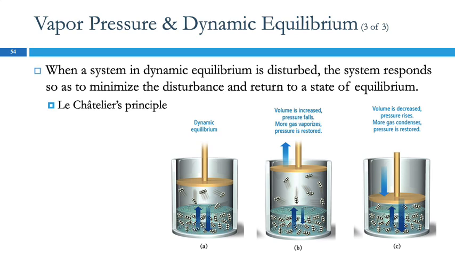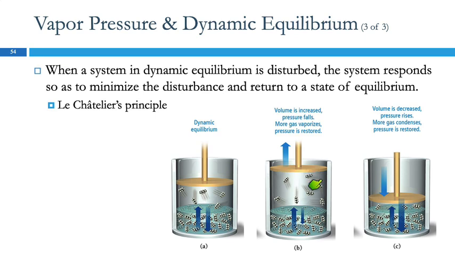If we disturb this system, if we raise the ceiling here, increasing the volume of the gas, what does that do to the concentration of the gas? It's the same number of particles in a greater volume, lower concentration, because there's more space, right?